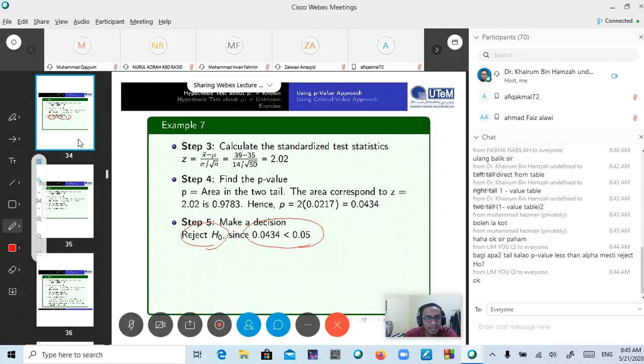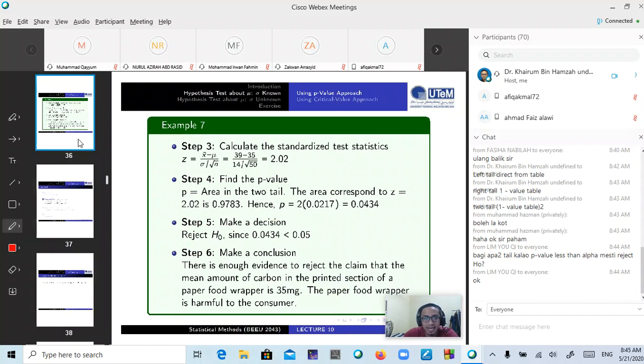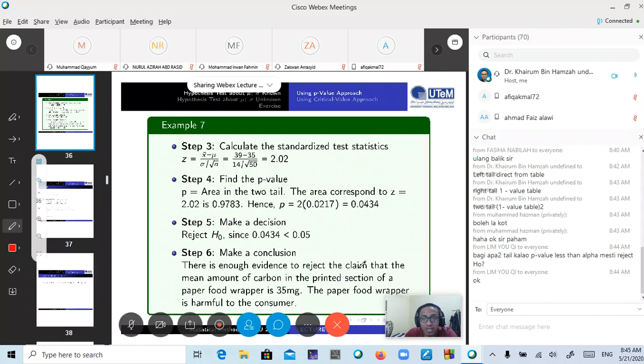Okay? And then, make a conclusion. There is enough evidence to reject the claim. Kenapa kita reject the claim? Sebab, tengok step 1 tadi, claim awak duduk dekat H0. But now, you reject H0. So, there is enough evidence to reject the claim.